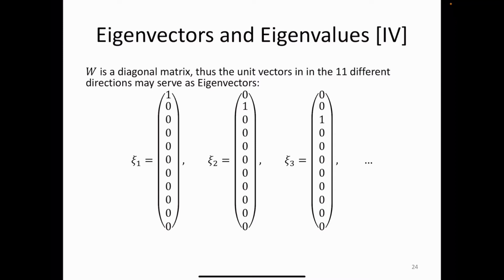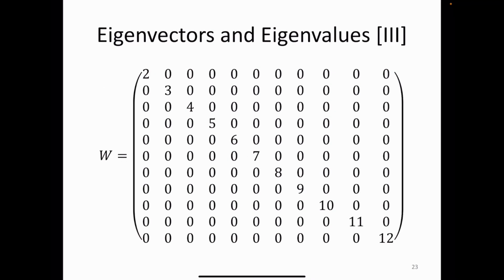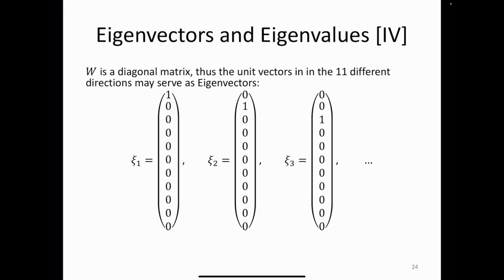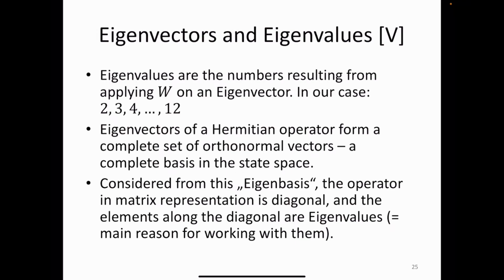And you remember the scalar, so if we go back to that matrix, in that case it would be 2. So it would be your eigenvalue. The eigenvalues are the numbers resulting from applying W on an eigenvector. In our case, as just said, it would be 2, 3, 4, and so on, up to 12.